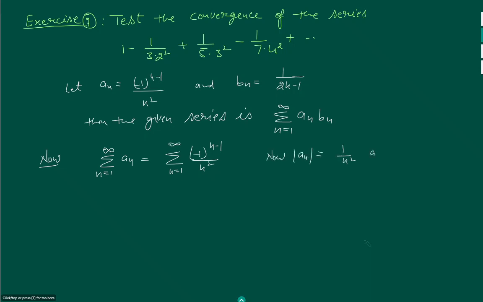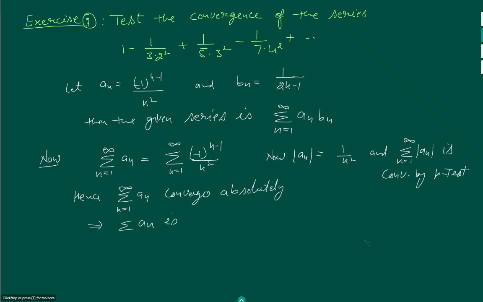If you take the absolute values of a_n, this is simply 1 over n square, so the series of absolute values is simply summation 1 over n square, which is convergent by p test. That means the series a_n converges absolutely. And if a series converges absolutely, then the series itself is convergent. So the series a_n is convergent because it converges absolutely.